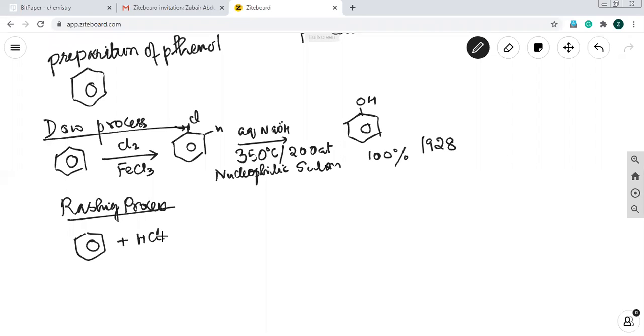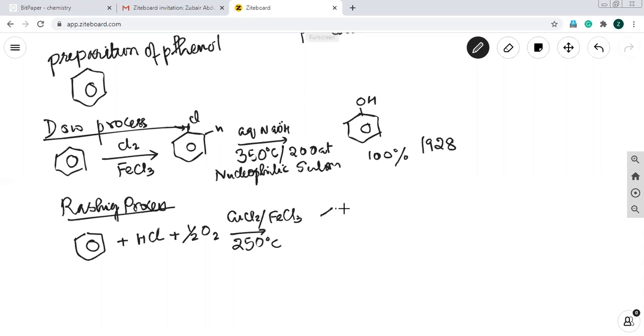What you're doing is oxidizing HCl with atmospheric oxygen, in the presence of CuCl2 and FeCl3 catalyst at 250 degrees Celsius.